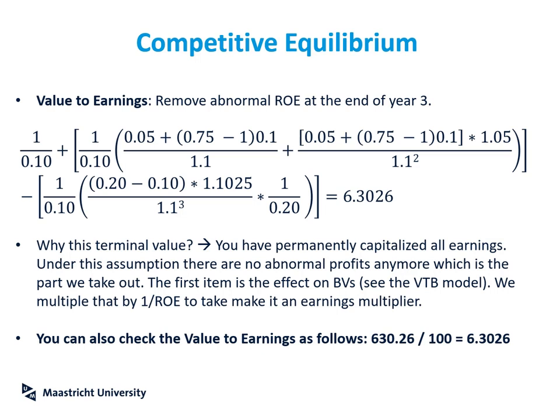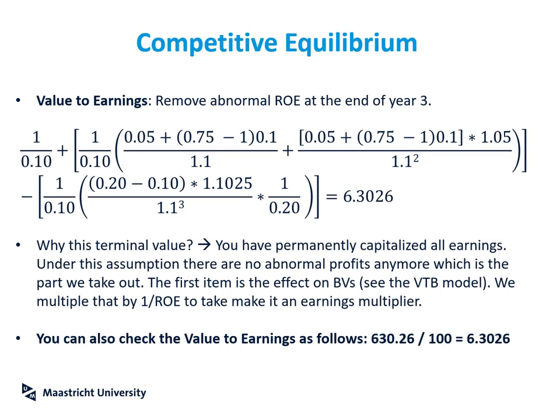Now we do the same for the second year. We again have normal profit growth because of a reinvestment. So we again have 0.75 minus 1, so that's minus 0.25 as reinvestment, times the cost of equity that determines our normal profit growth. We again have 5% overall profit growth, and the net of those two will give us the abnormal profit growth.